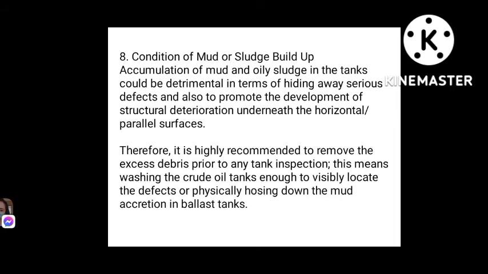Therefore, it is highly recommended to remove the excess debris prior to any tank inspection. This means washing crude oil tanks enough to visibly locate the defects or physically hosing down the mud accretion in the ballast tank. So, it means condition of mud and sludge build up.